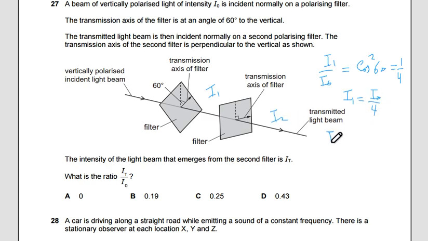and I2 to I1, cosine square, here is 90 with the vertical, and this was 60 with the vertical, so between the transmission axis here and the transmission axis there, it will be the difference between 90 and 60, which is 30.